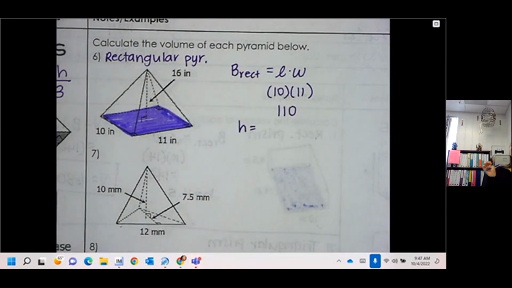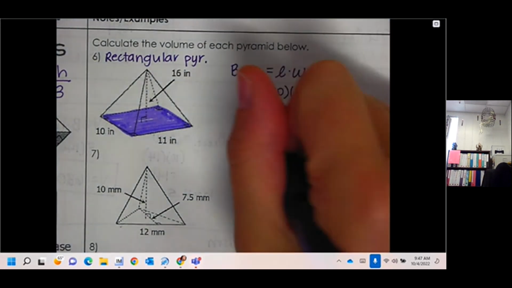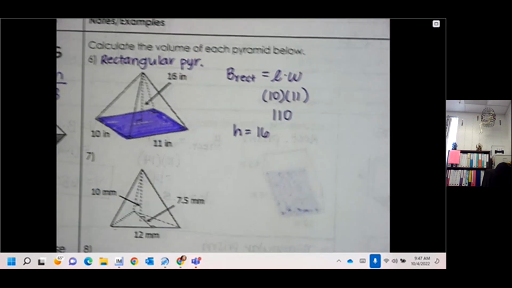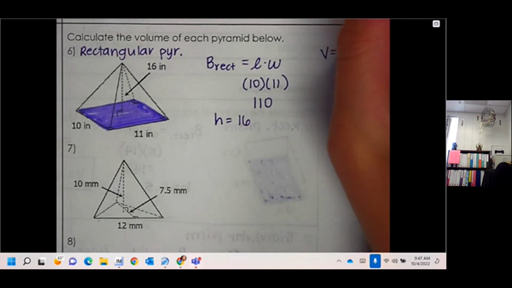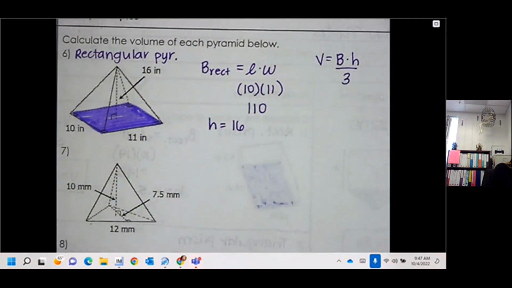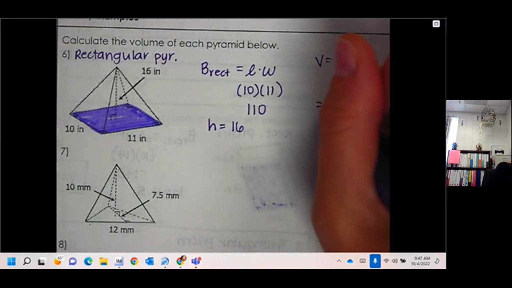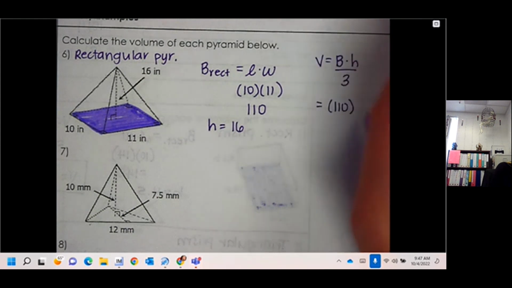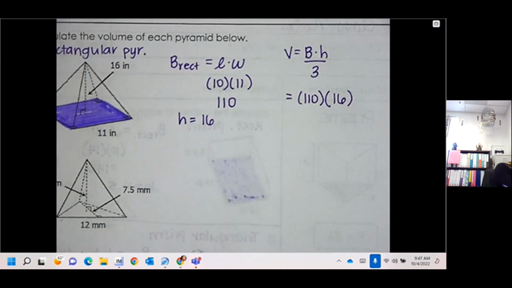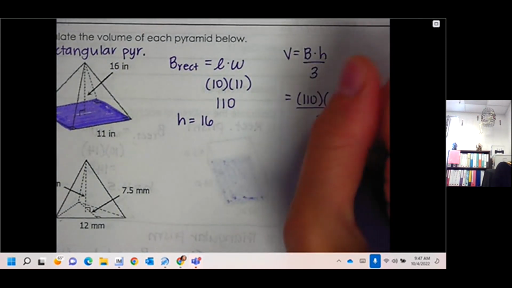What is the height of the whole pyramid? 16. Great. So volume formula is you take area of the base times height and then divide that by 3 at the end. So you've got 110 times 16. Do that first, and then divide it by 3.